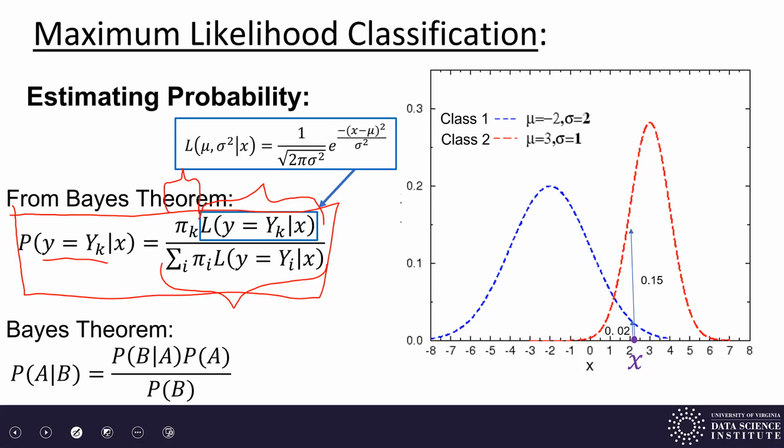To compute the probability for this class, we look at the likelihoods for these two classes. The likelihood for class 2 in red is 0.15. The likelihood for class 1, shown in blue, is 0.02, and those are the heights shown by the arrows next to those two numbers.